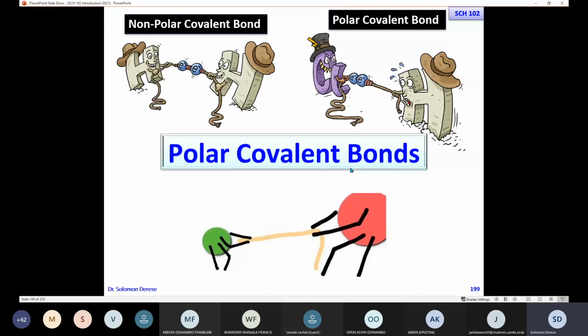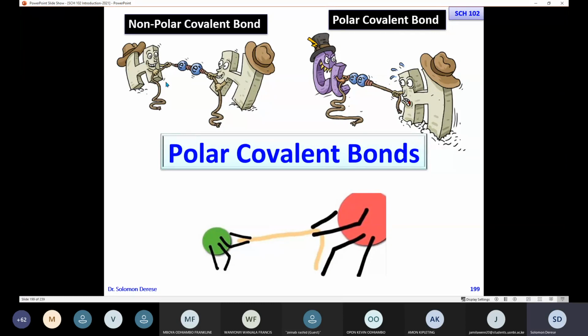So let me just give you a scenario so that you understand what polar and non-polar covalent bond is. If you look at the cartoons you see here, on your left, you have a tug of war between two hydrogen atoms, between identical atoms.